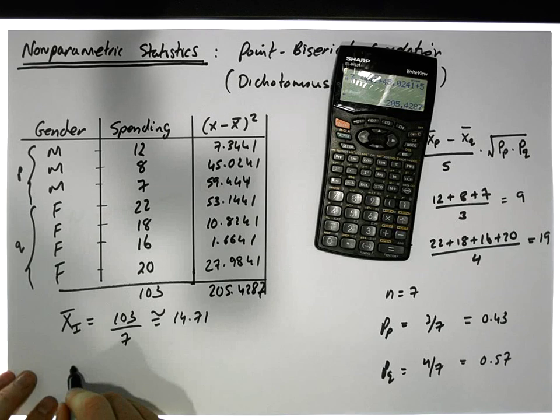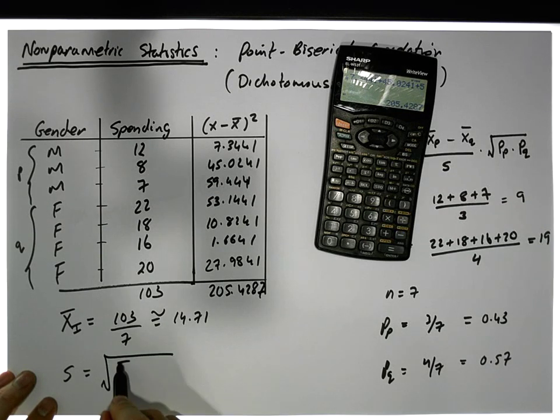Okay, so our S is going to be the square root of the sum of the x minus x bar squared divided by n minus 1.